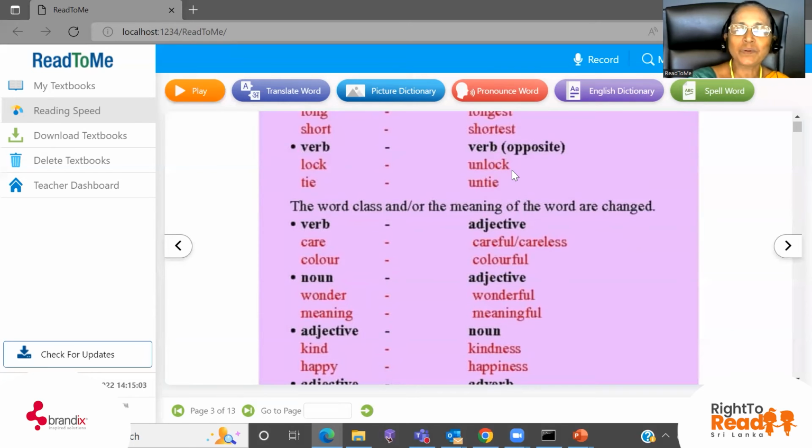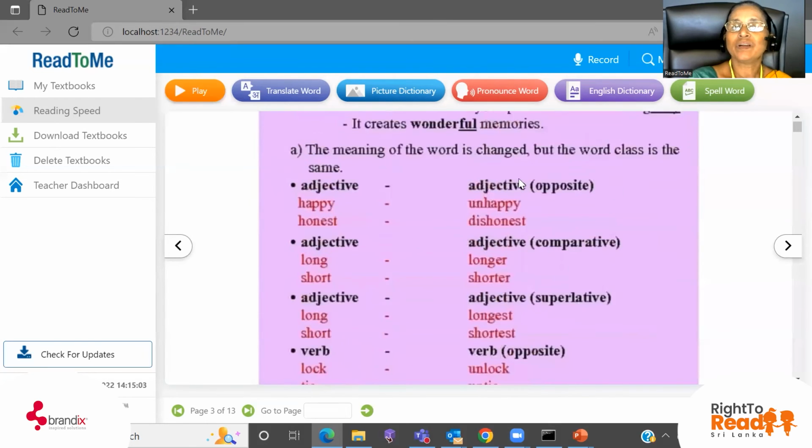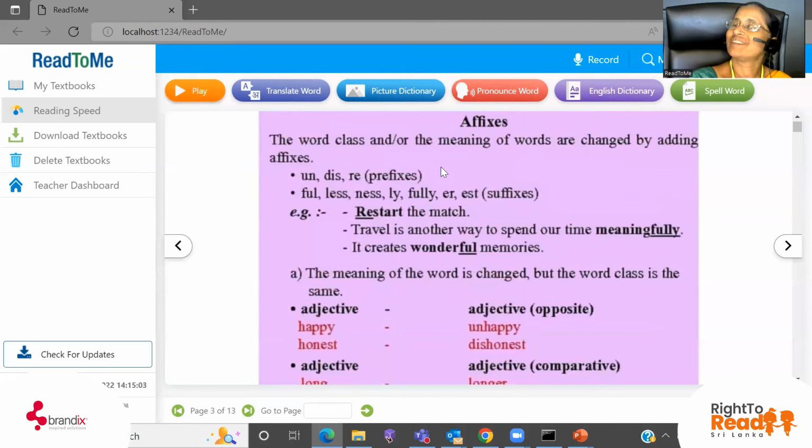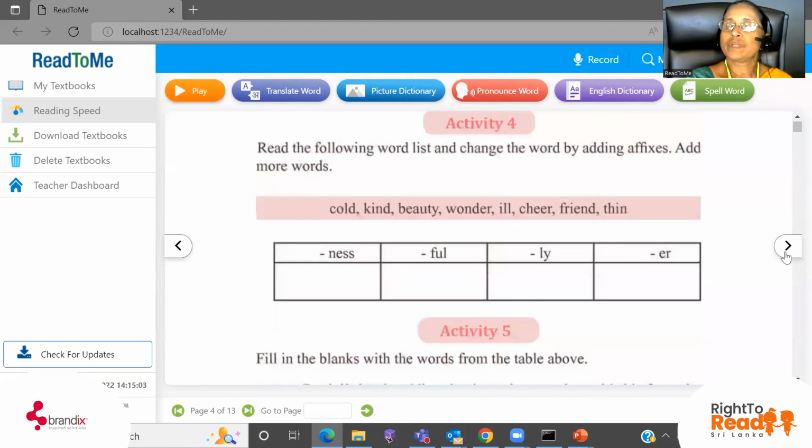Verb into verb. Good. Now you know the words we can use with prefixes and suffixes. Then shall we go to the next page, this activity? Yes, what is it?